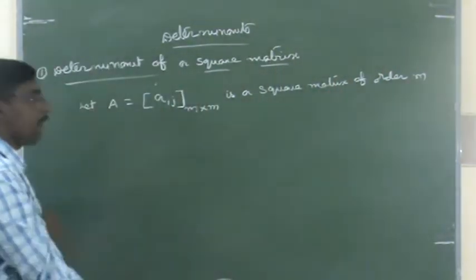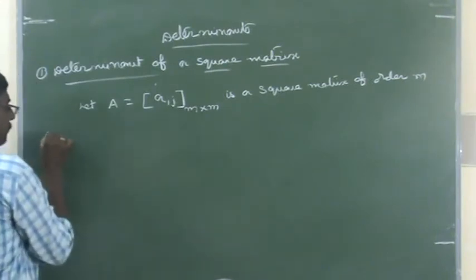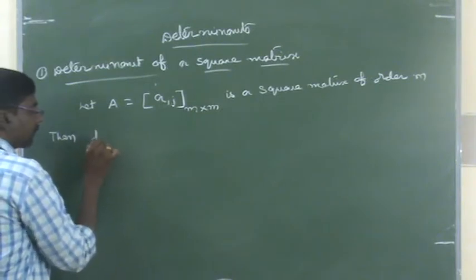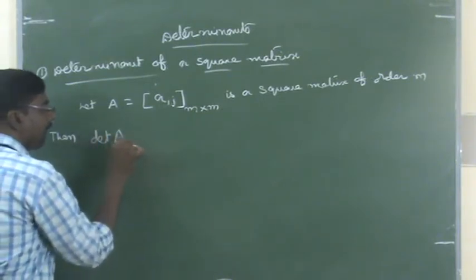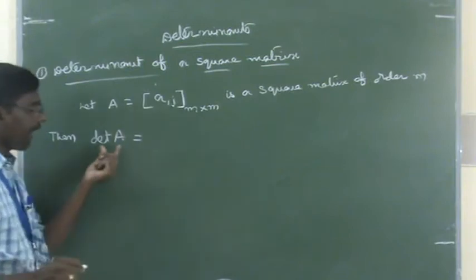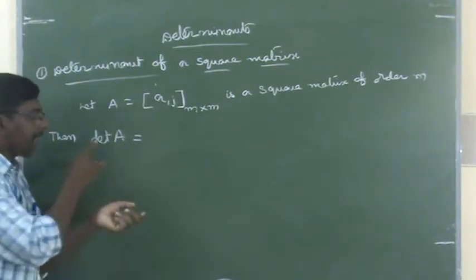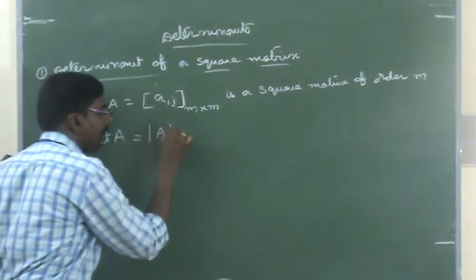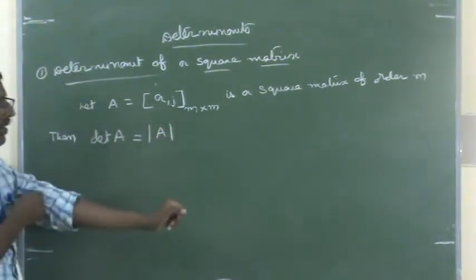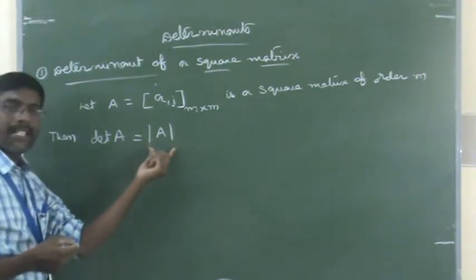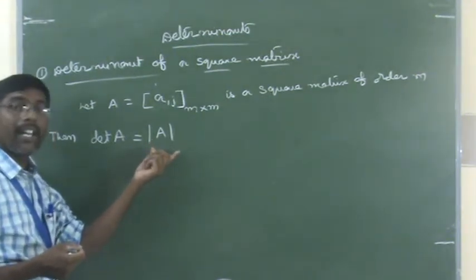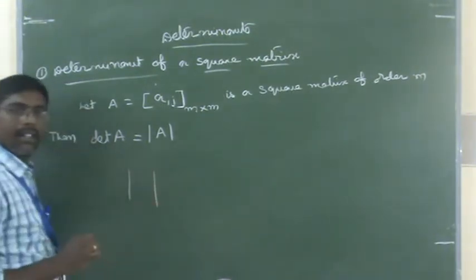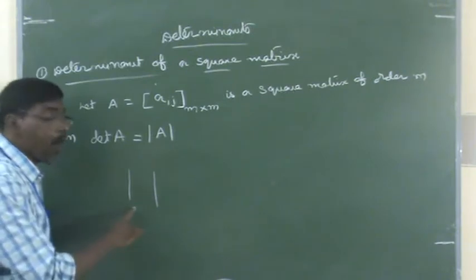In this condition we can say that det A means the determinant of matrix A. Very important for you, listen properly. Previously in mathematics this was called the modulus.